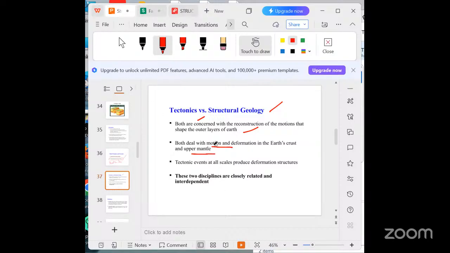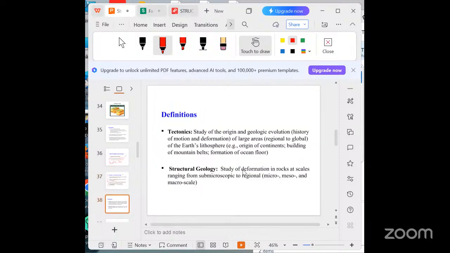So the tectonic events at all scales produce deformation structures. These two disciplines are closely related and interdependent. So these are very important.